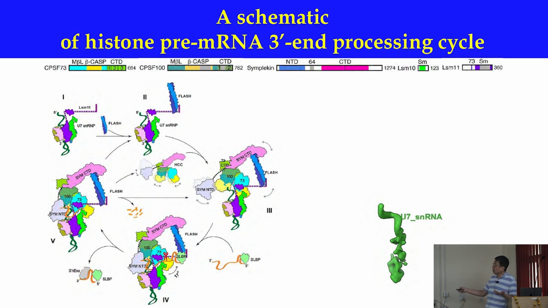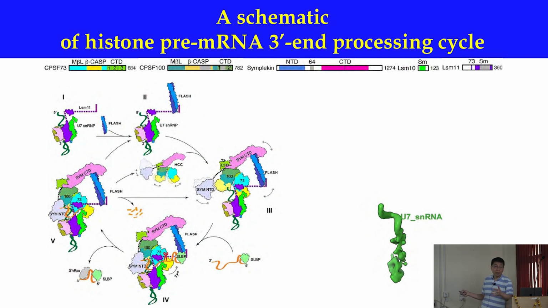Then a subsequent NTD comes in, right on the duplex, with large conformational changes in the HCC, especially CPSF73 opens up, and RNA slots in. Now you have everything ready for catalysis. And somehow we trapped this state of the enzyme for cryo-EM. That's what we determined. After cleavage, the mature RNA leaves, the downstream RNA gets degraded, actually also by CPSF73, and then NTD leaves, the whole thing disassembles, and then you can reassemble for the next RNA molecule.